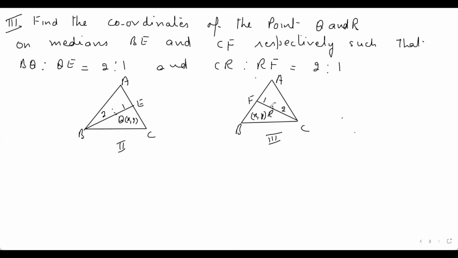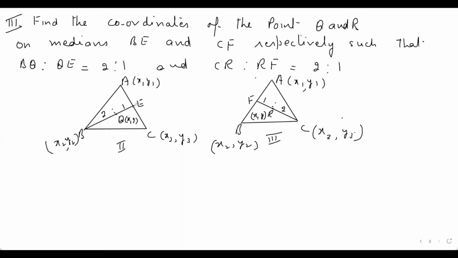Similarly, CR and RF are in the ratio 2:1. Coordinates of A are x1, y1; this is x2, y2; and this is x3, y3. Similarly here, x1, y1, x2, y2, and this is x3, y3.